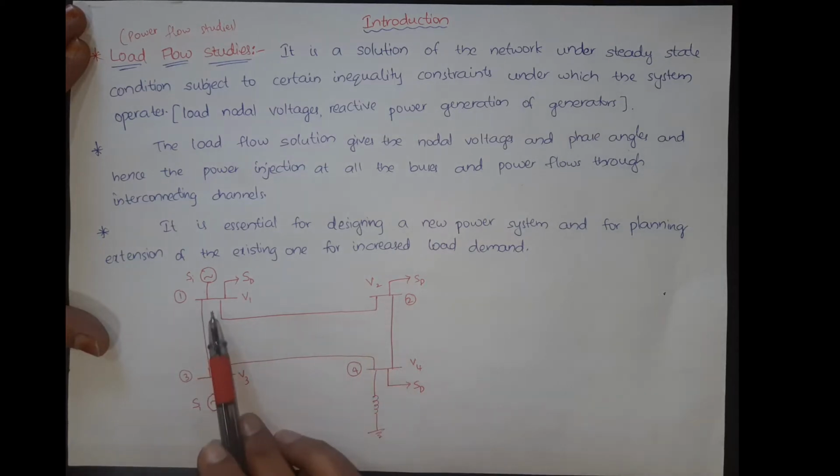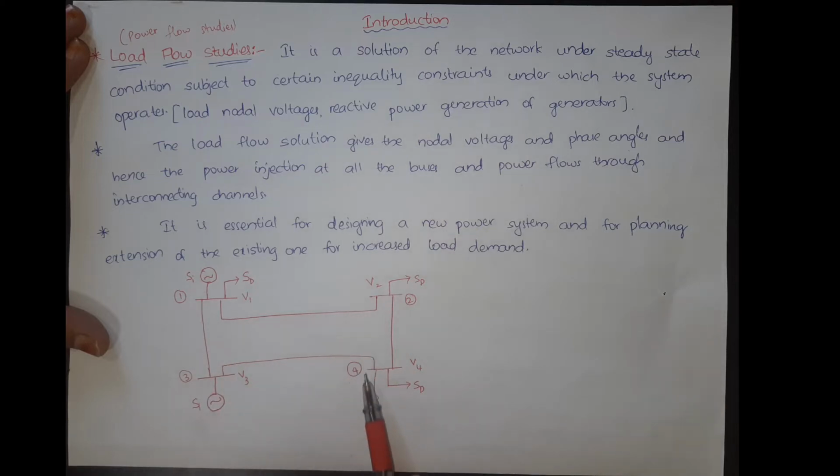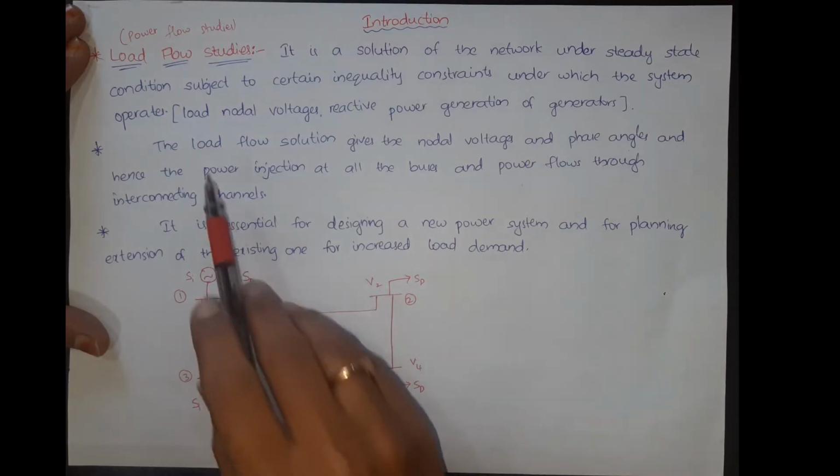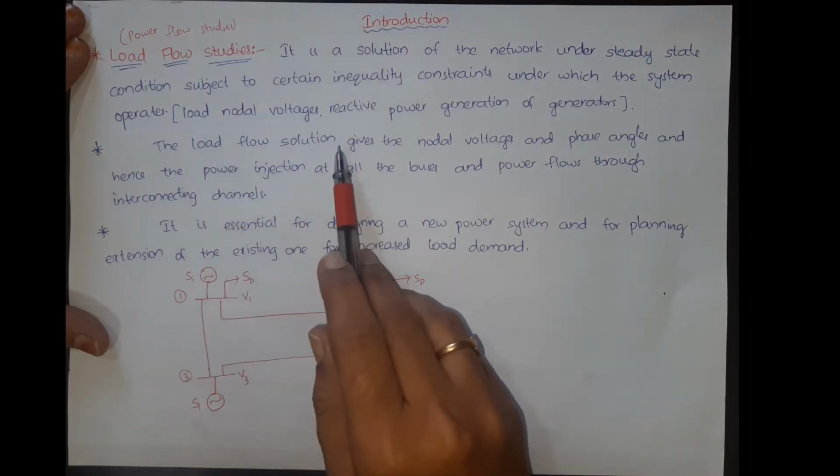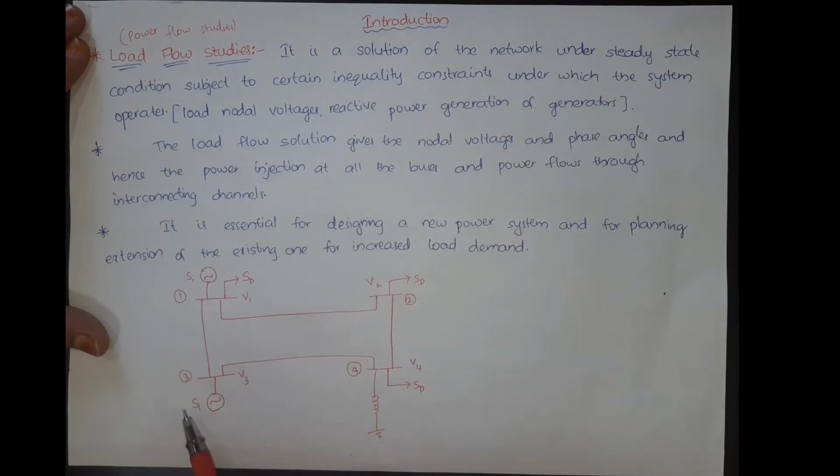That is, what power flows between 2 different nodes or buses. A bus is similar to a node. So our load flow solution is going to find out all these parameters.